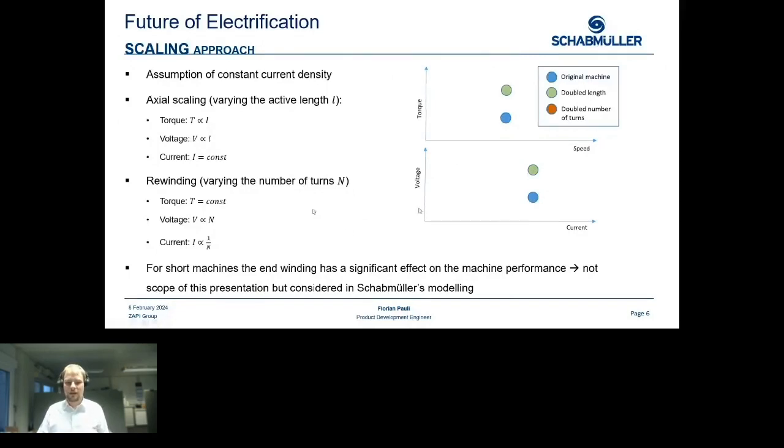So when rewinding the machines, so basically varying the number of turns, the torque will remain constant by these operations. However, we receive lower current but higher voltage.